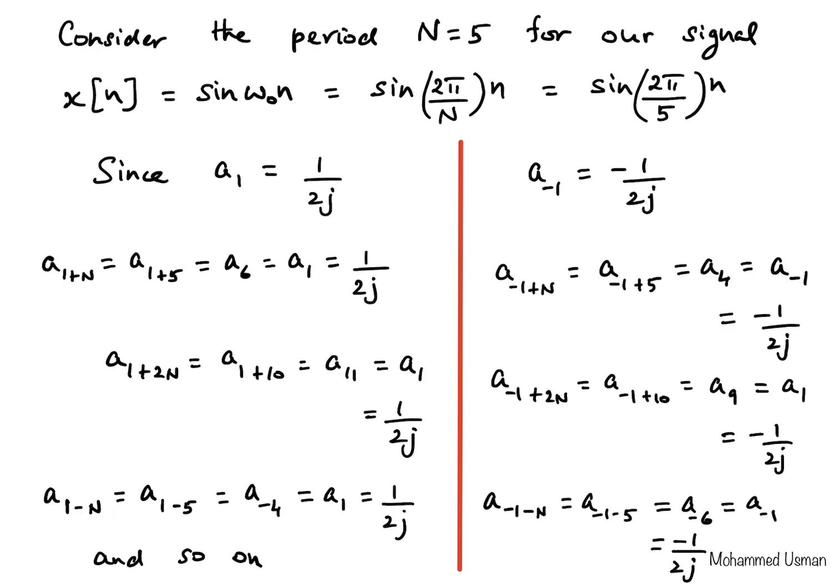It's a1 minus n, so 1 minus 5 is a minus 4. So a minus 4, which is a k when k is minus 4, also is the same as a1, which is 1 by 2j. And so on, we can have this periodic repetition. Similarly, a minus 6 is also equal to a minus 1. So we have seen this periodicity property of the a k's.